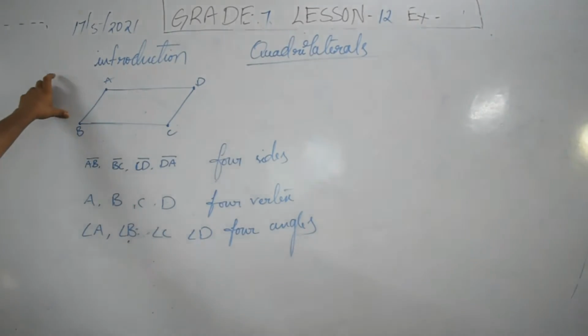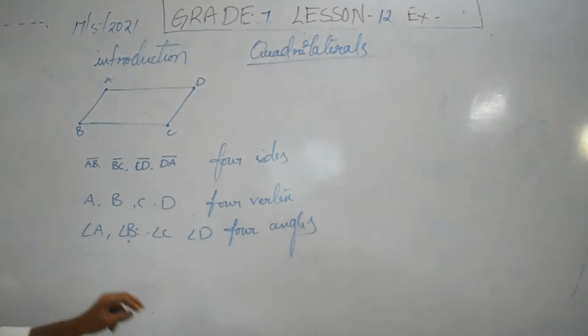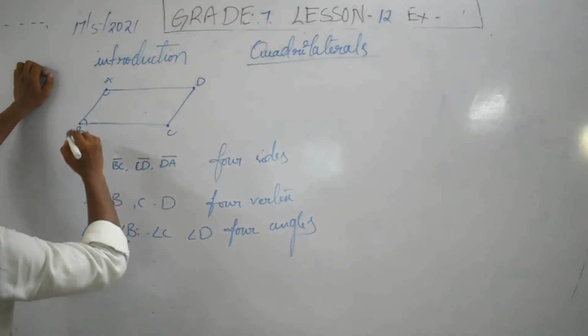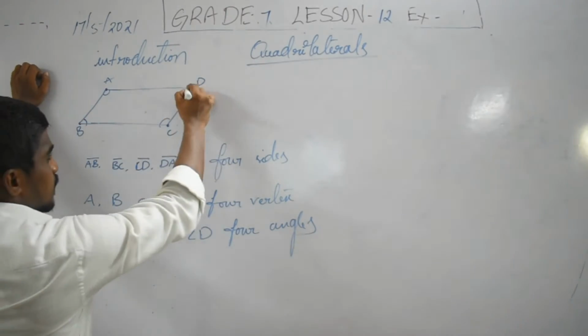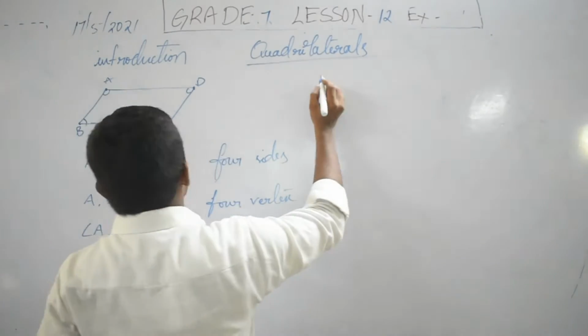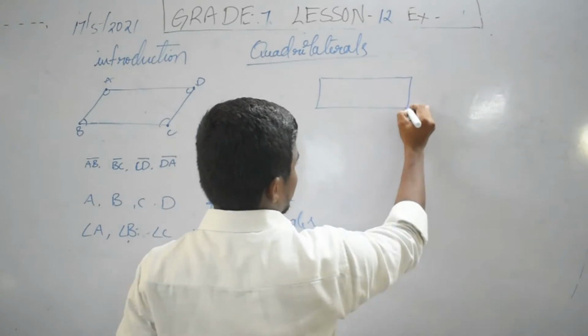Point A, point B, point C, point D, four vertices. Angle A, angle B, angle C, angle D, four angles. So pictures like this we call quadrilaterals. Now this one is a parallelogram. This is one of the quadrilaterals.